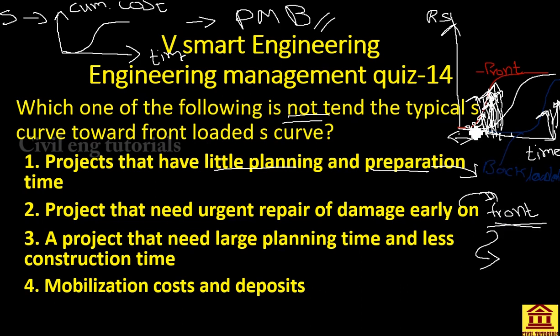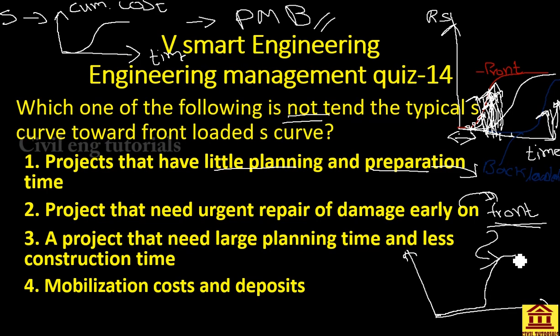The third one is a project that needs large planning time and less construction time. If you have a large planning time, you don't need to meet any cost at an earlier time. With large planning time and less construction time, at construction time you need more expenditures.